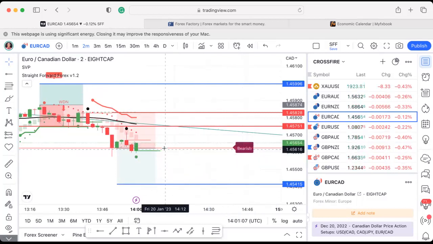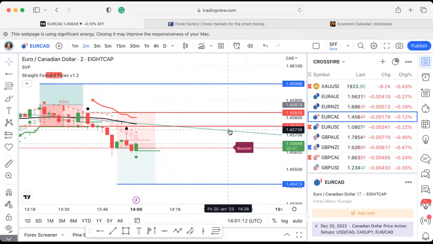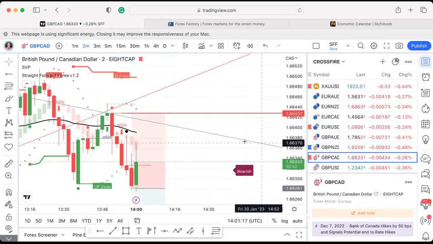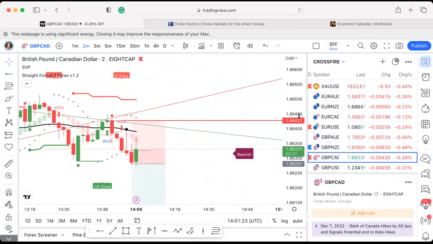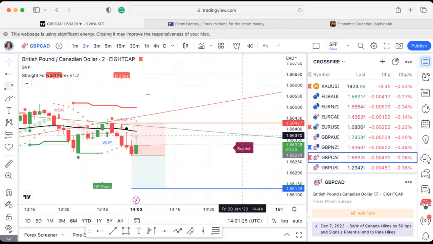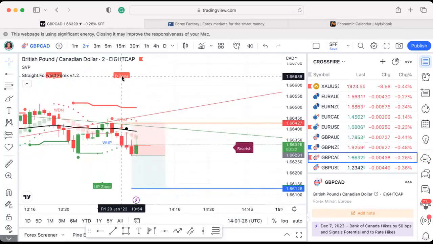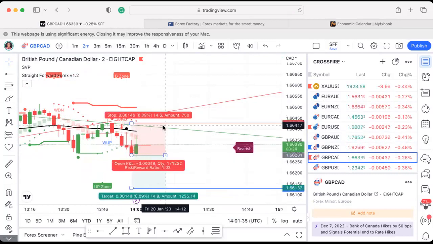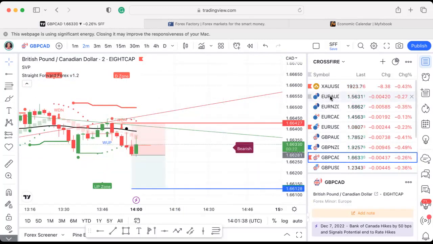But it's actually clinging to that trend line that I drew on. GBP CAD. Down zone, wave down, super trend down, but it's flattened out. PSARs above the price. Not going to give up on that one. Euro US.